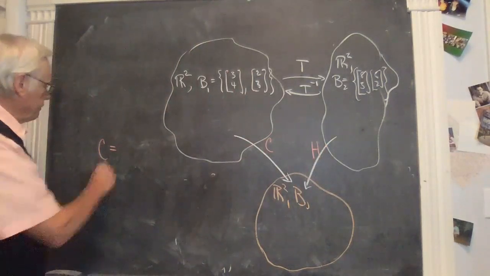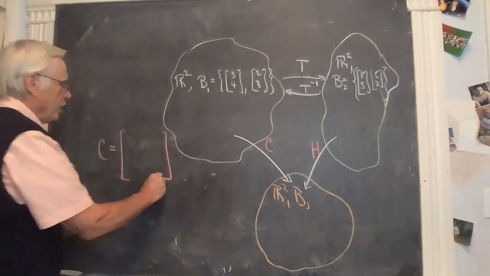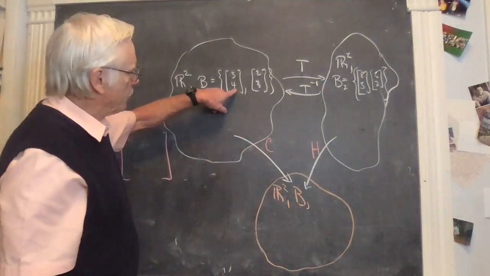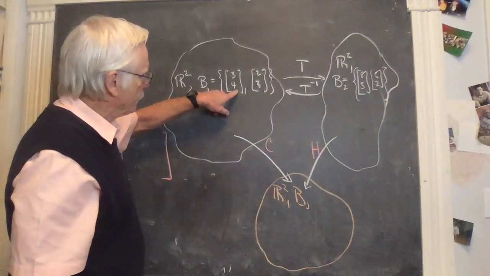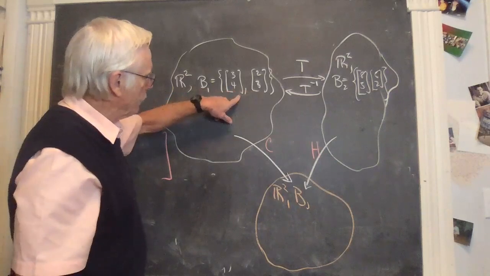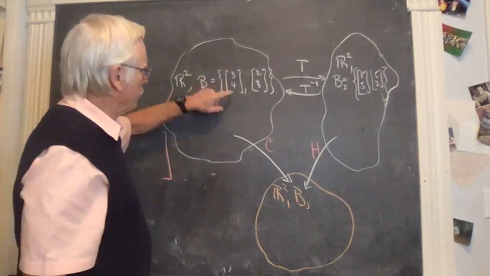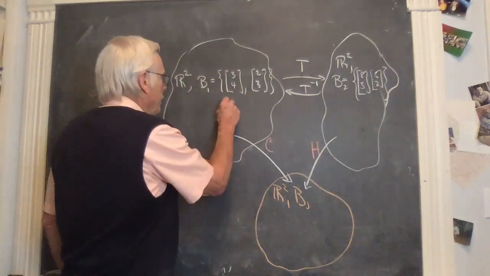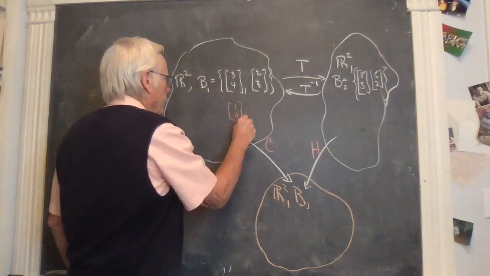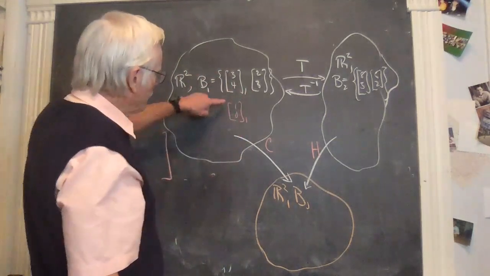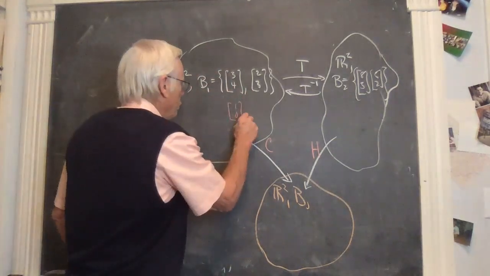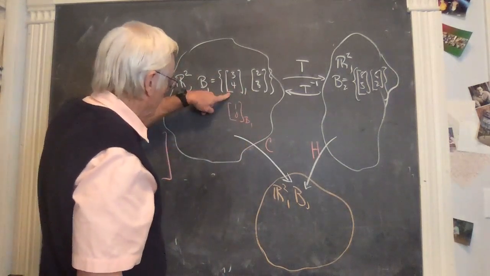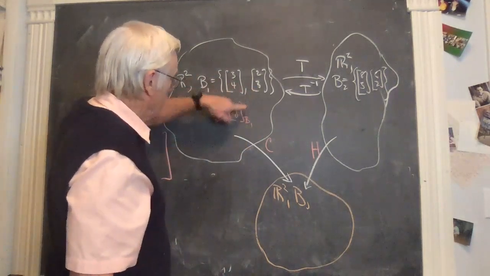C, for example, how do you do it? Since you are changing to the standard, the change of basis matrix takes each one of these vectors and writes them in standard notation. Hey, they are in standard notation. Because in B1 notation, this would be the vector 1, 0. 1, 0 in the basis B1 means 1 times the first plus 0 times the second.